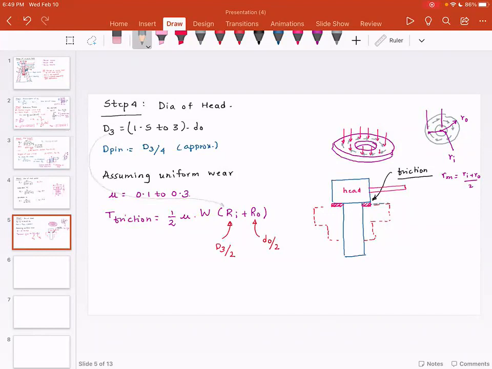The value of W is already given to us, so we are designing the screw jack for a certain value of W. Now, once we know the friction torque, we can find the value of total torque. So step 5, which is handle design.